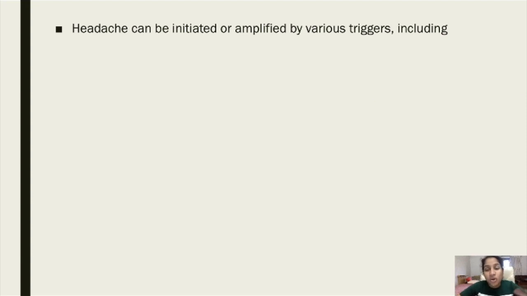Headache can be initiated or amplified by various triggers. Now we'll see which are the triggers that cause migraine, including glare, light, some sounds, and hunger. If the patient is hungry and not having food, then within half an hour they will get migraine.